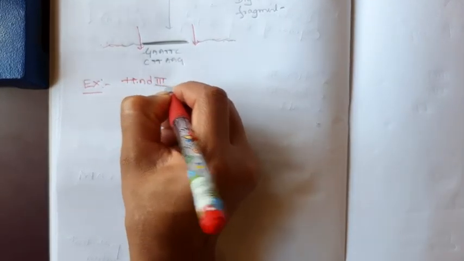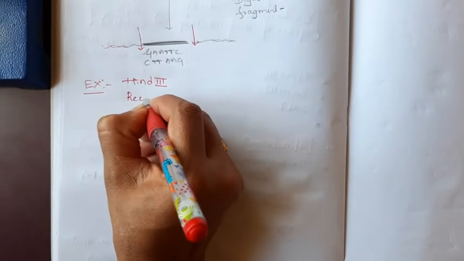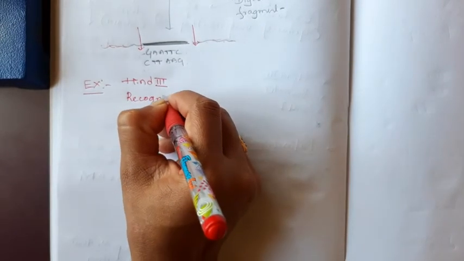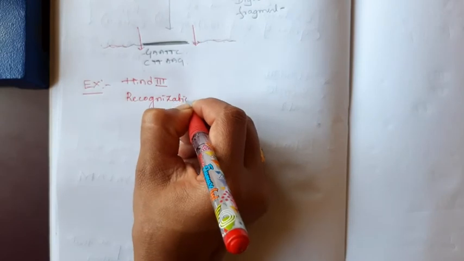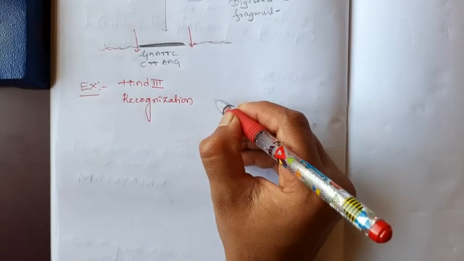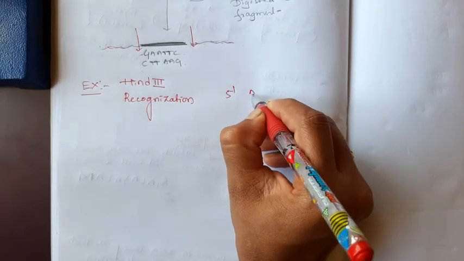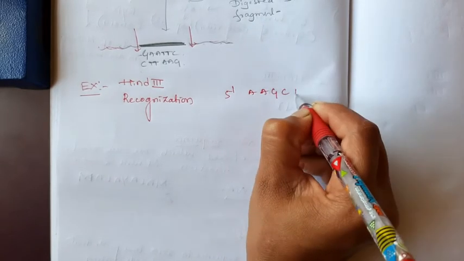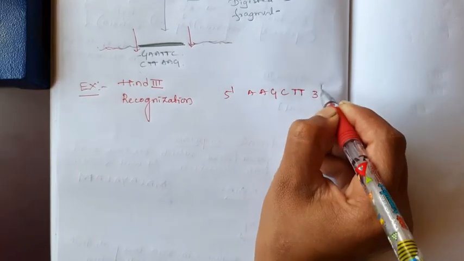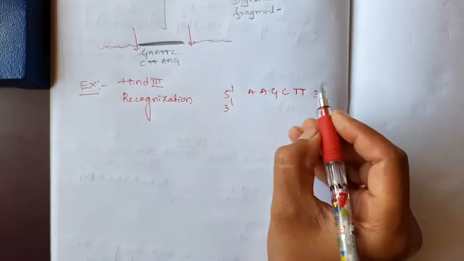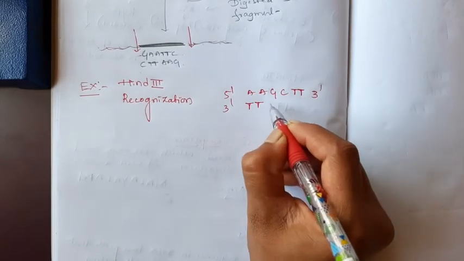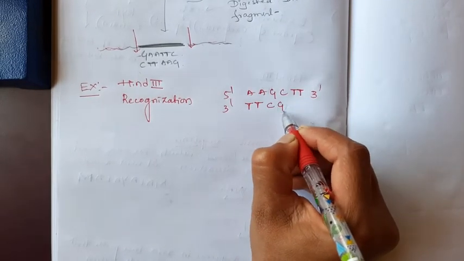For example, I am saying, students, the Hind3 recognition site. Recognition sites are nothing but the palindromic sequences. That is AAGCTT. The other strand is also complementary because it is a palindromic sequence.